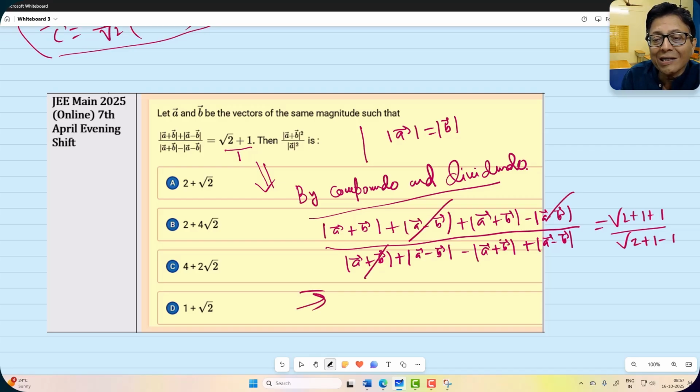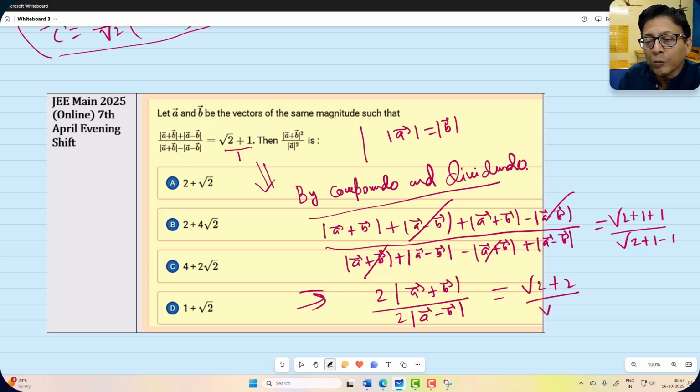So these two get cancelled. This is going to be 2 into mod A plus B, 2 into mod A minus B, root 2 plus root 2 by root 2.